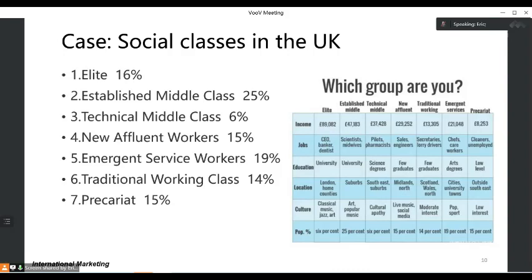So this experiment is good, and this class category depends on different criteria to discuss the social classes.